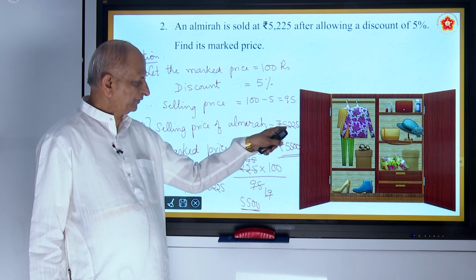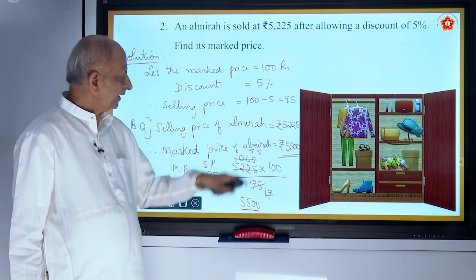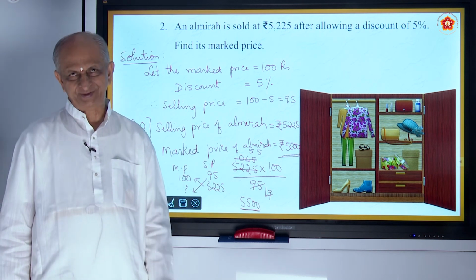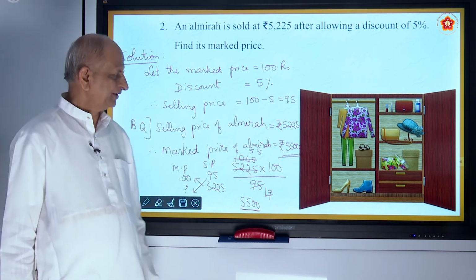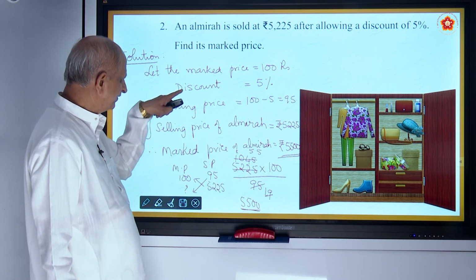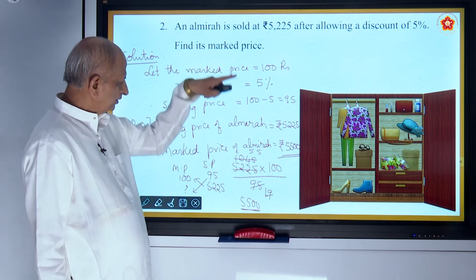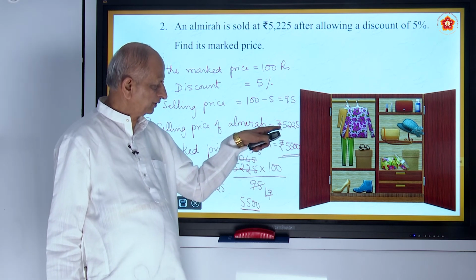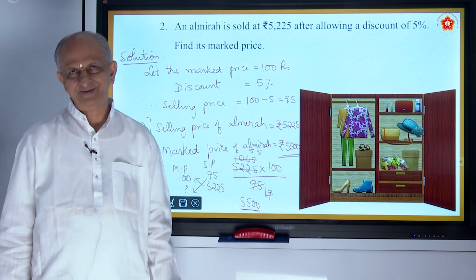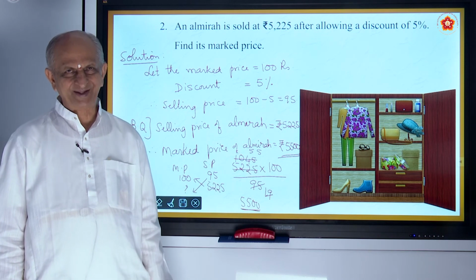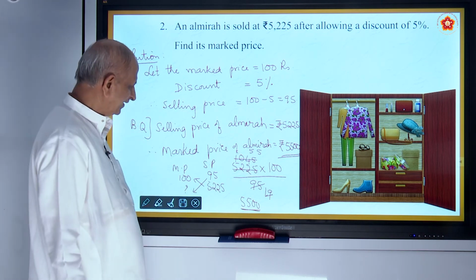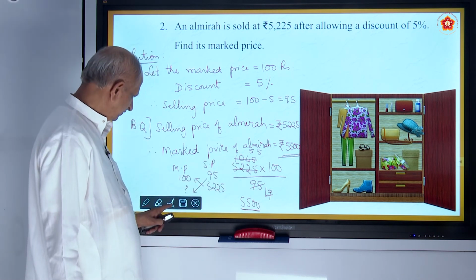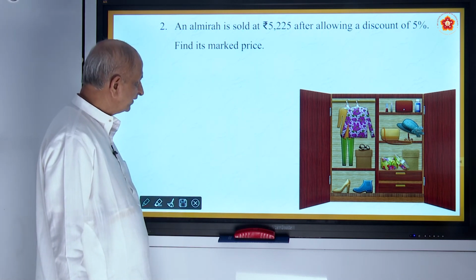That was sold for 5225, and discount given was 5%. So because of 5% discount, the 5500 cost of the Almirah was got for 5225. It's a good business, correct? That's why when the reduction is there, people rush to the shops just to take more and more things.